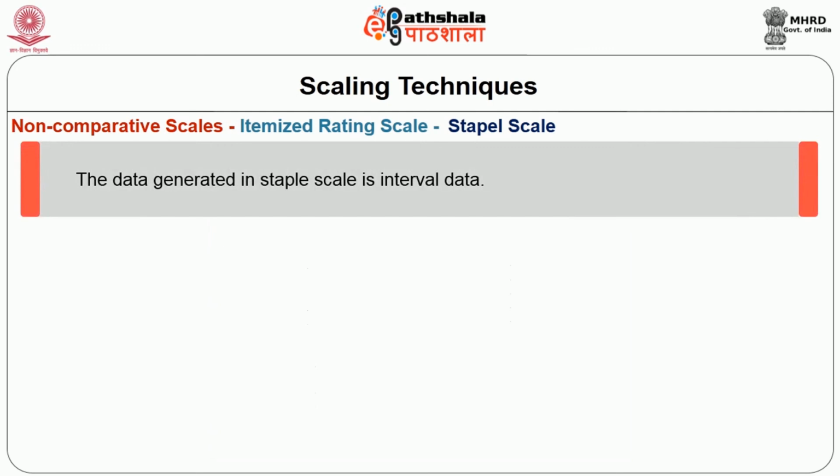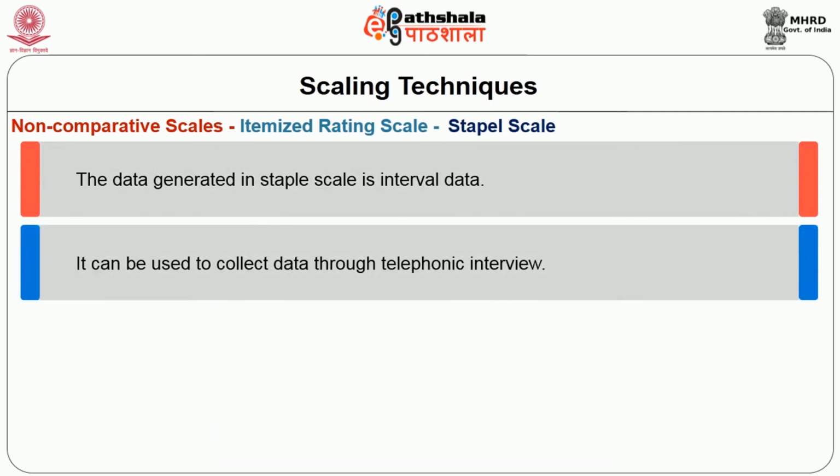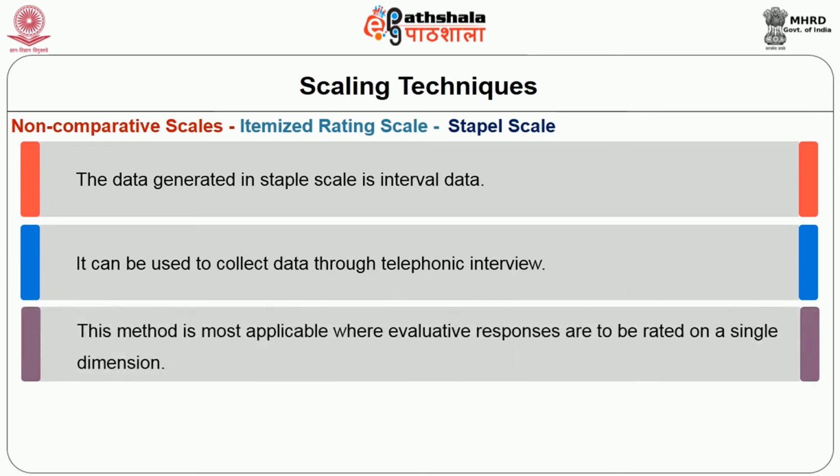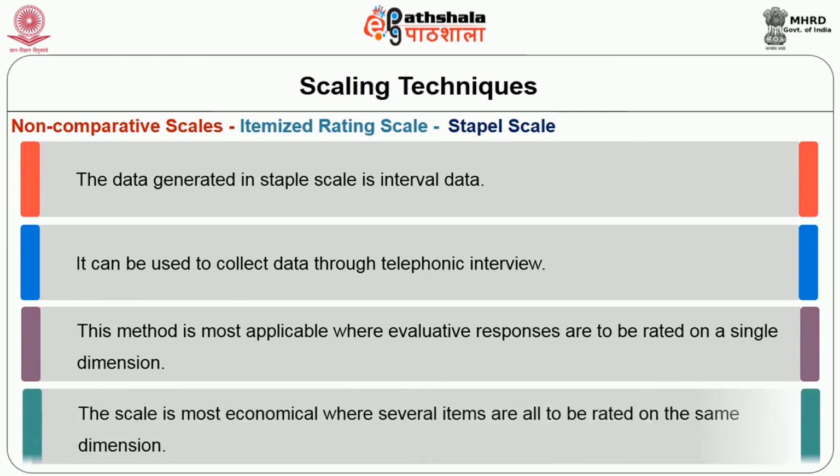The data generated in staple scale is interval data. It can be used to collect data through telephonic interview. This method is most applicable where evaluative responses are to be rated on a single dimension. The scale is most economical where several items are all to be rated on the same dimension.